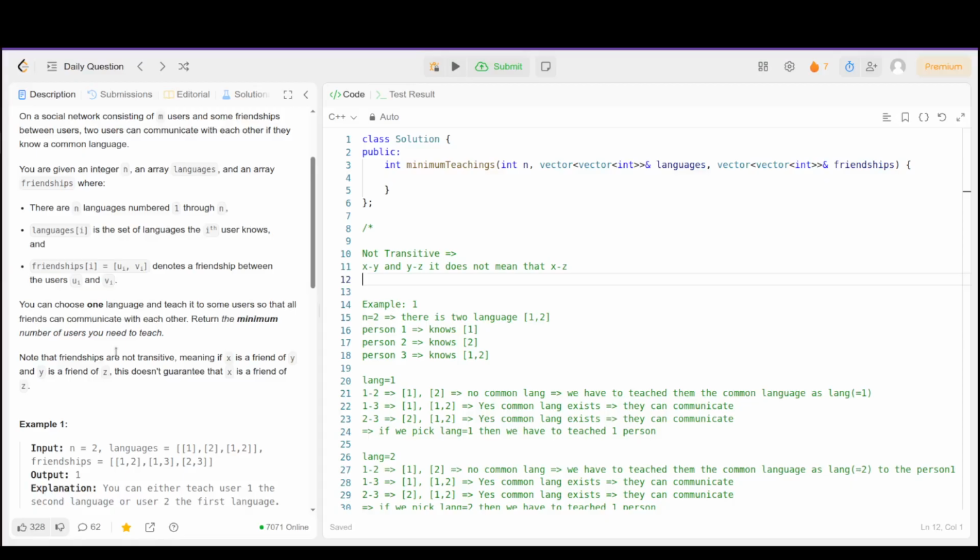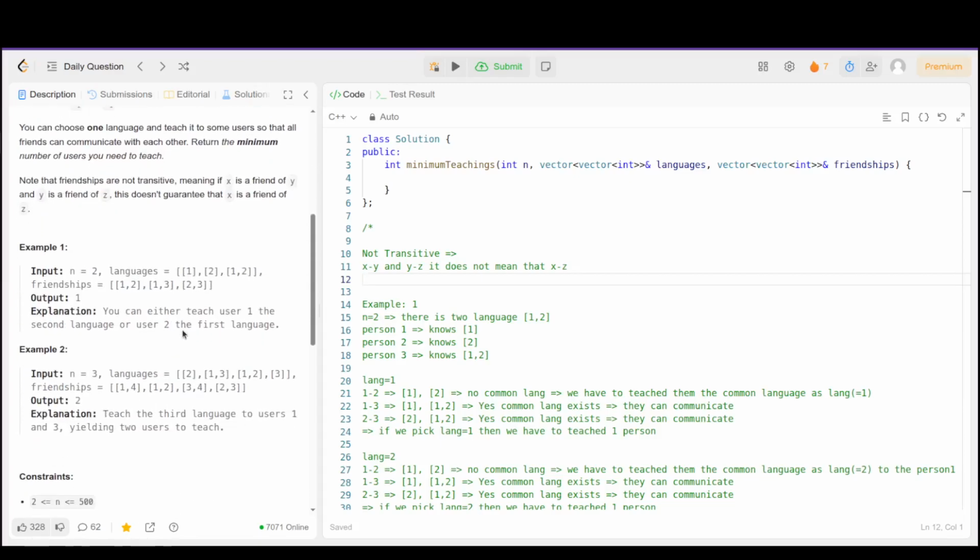So if person 1 and person 2 are friends but do not know any common language, then they cannot communicate with each other. So we have to teach any one of them or both of them. Now the problem is that we have to teach the minimum number of people.